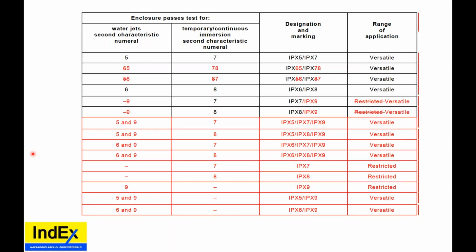Now it's supposed to be for electrical components inside, but some people apply this standard to mechanical devices. Now, when we come into 80079, the mechanical standards, these IP ratings can be beneficial. So there's still confusion within the industry.